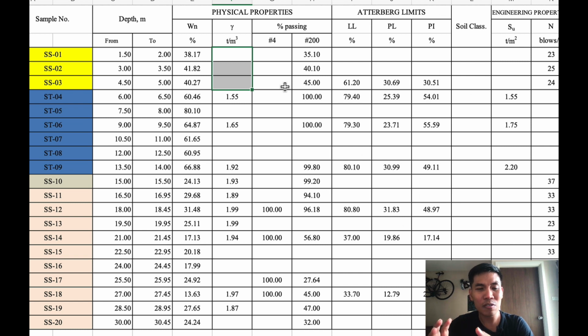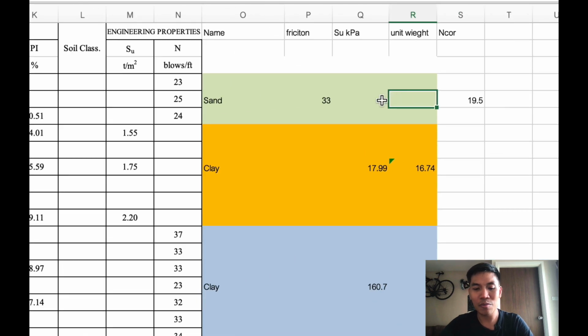So how can we know the unit weight of sand? If we don't know, we have to assume. The lower bound that we can assume for the unit weight of sand, we always use this number, is 18. Okay, it works for Bangkok sand.